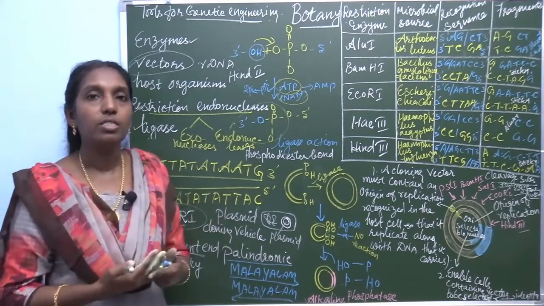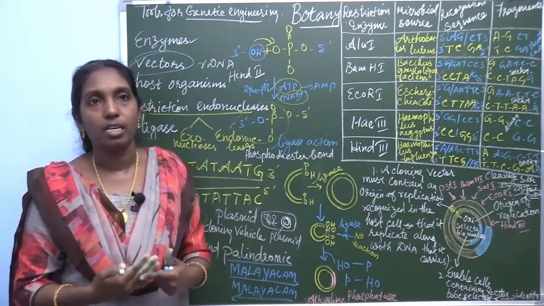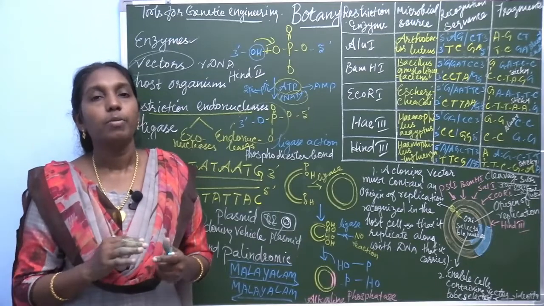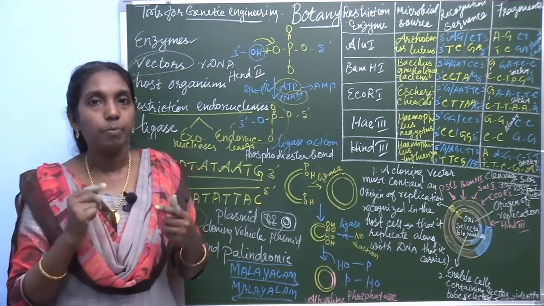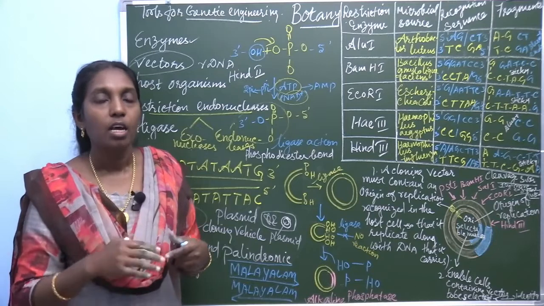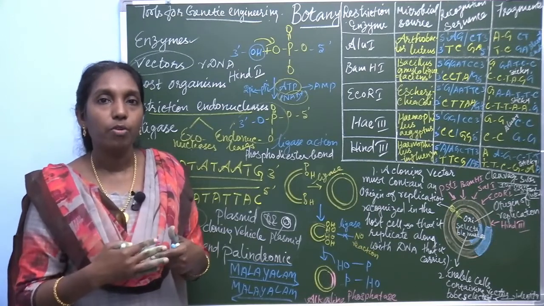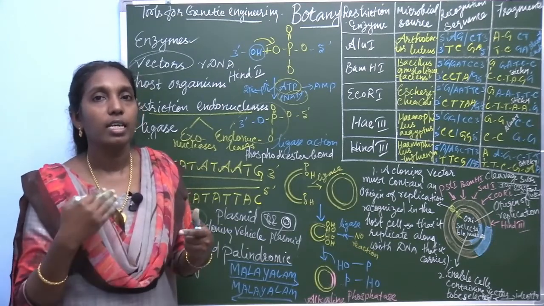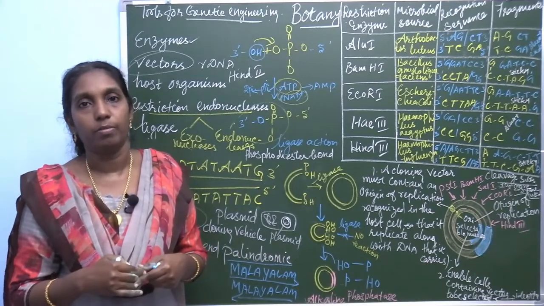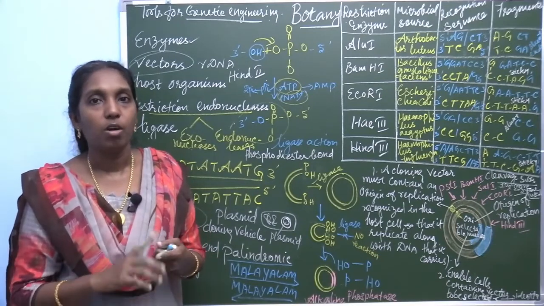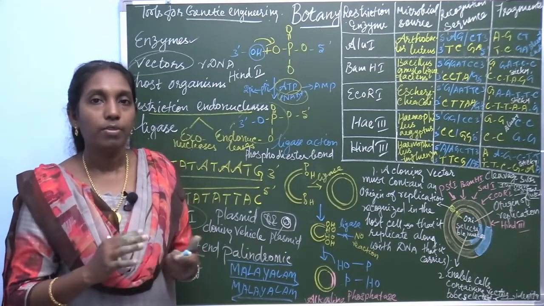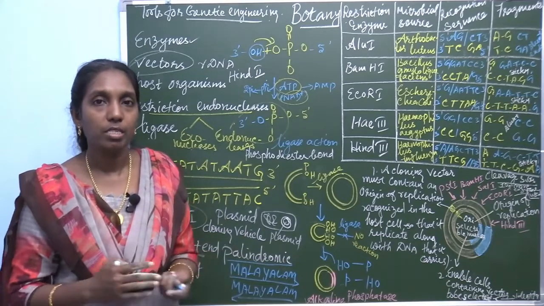So what's the feature of these vectors? The vectors can be replicated. It should be replicated. It produces a number of copies along with this inserted DNA molecule. That is the property of a vector. What are the properties of vectors?